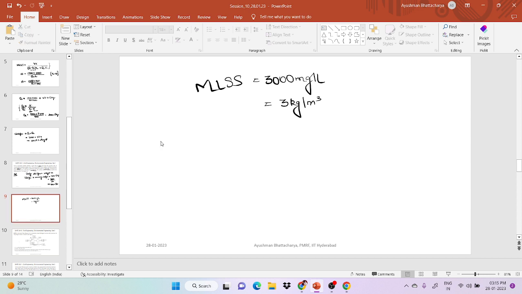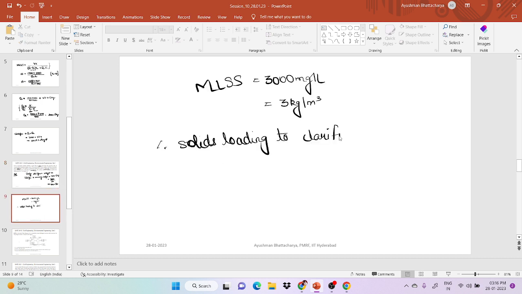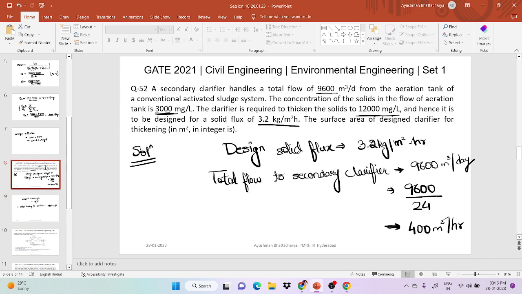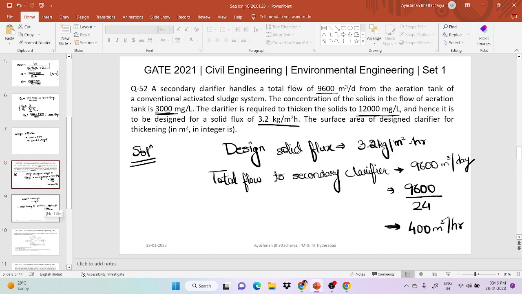Therefore, solids loading to the clarifier is MLSS into Q. So MLSS into Q is basically 3 kg per meter cube into 9600 meter cube per day.